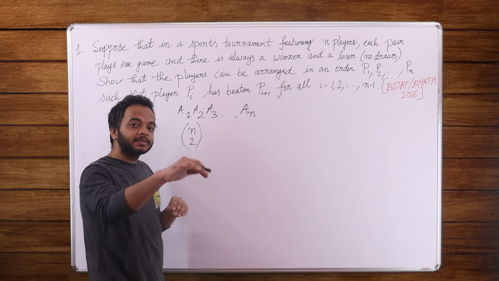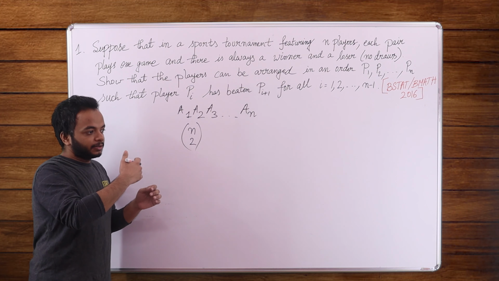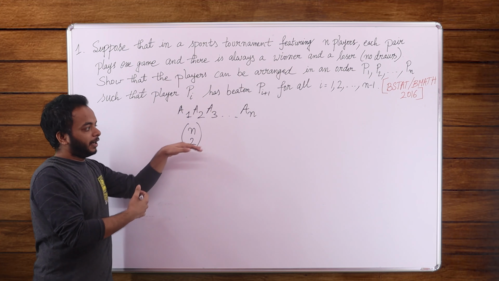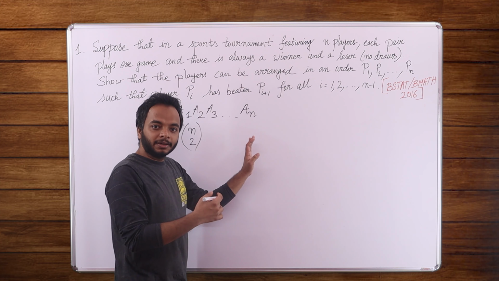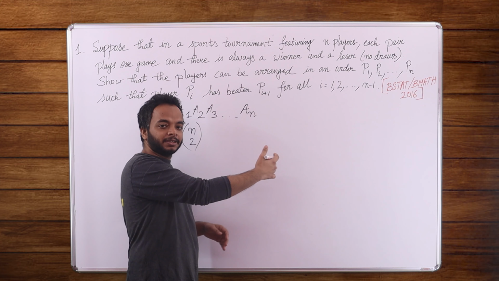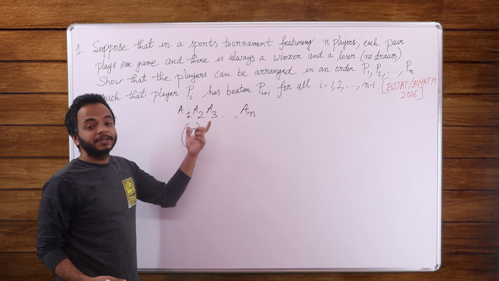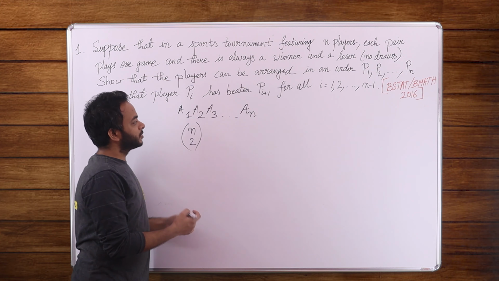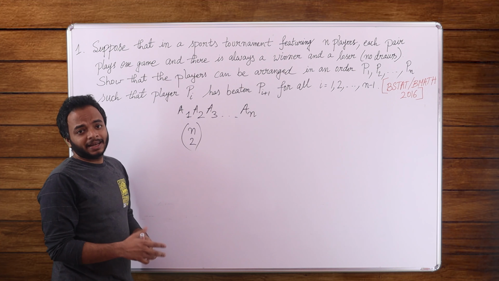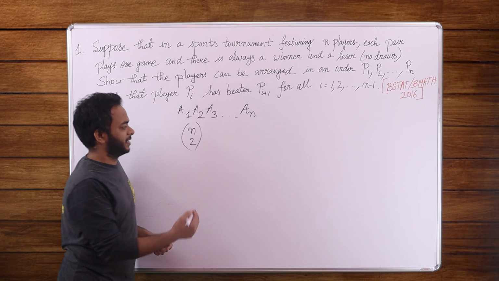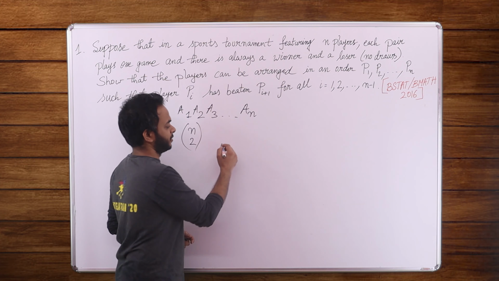Now out of these n choose 2 games, can I have the players arranged in a line such that the player at the beginning will defeat the next player, and the next player will have defeated the next player? Suppose I have one player who has defeated another player. I name that player P1.